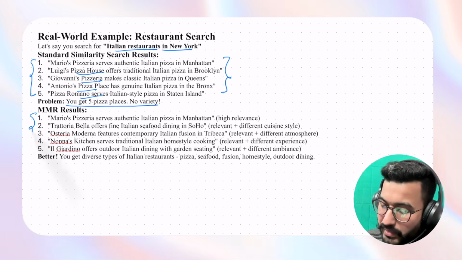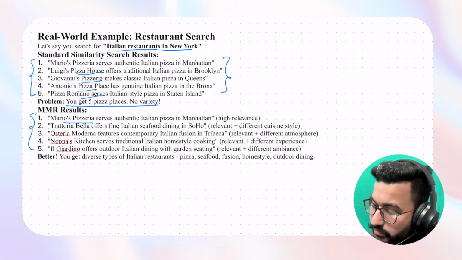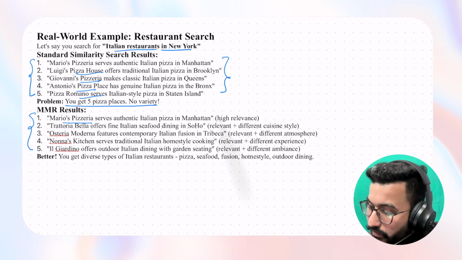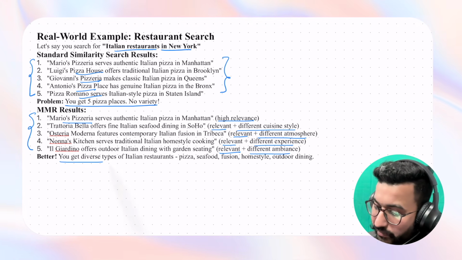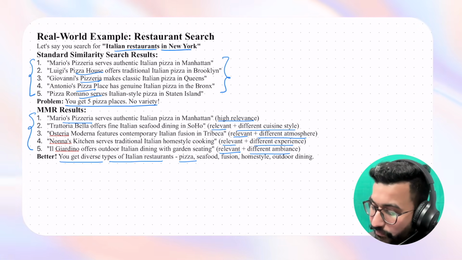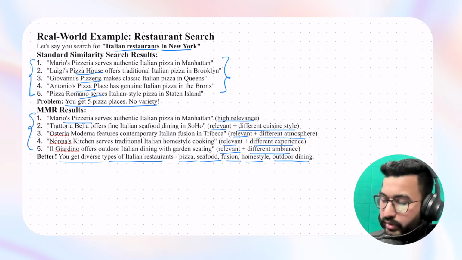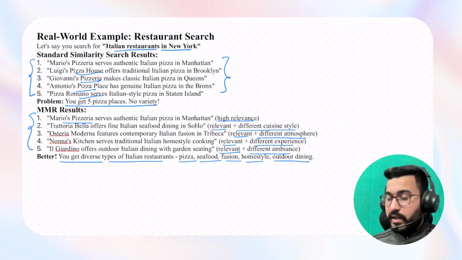But this is your MMR result. You got this, then, so this is high relevance, relevant plus different cuisine style, relevant plus different atmosphere, relevant plus different experience, relevant plus different ambience. So you get diversified Italian restaurants: pizza, seafood, fusion, home style, outdoor dining. So this is what the advantage is.